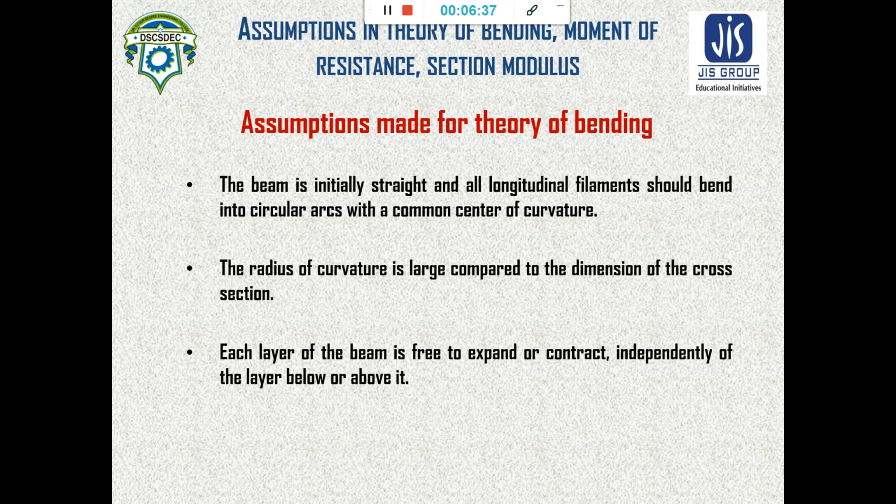The contraction and the expansion is a completely independent process. That's why it is said that each layer of the beam is free to expand or contract independently of the layer below or above it. They do not care about the layer below and above it. They only care about the bending of their own filament.